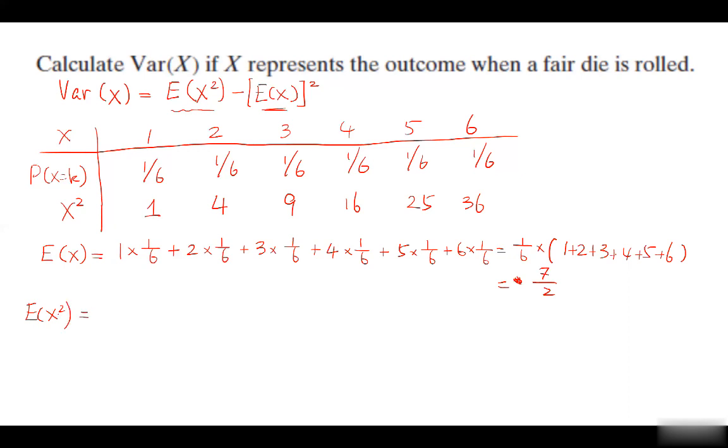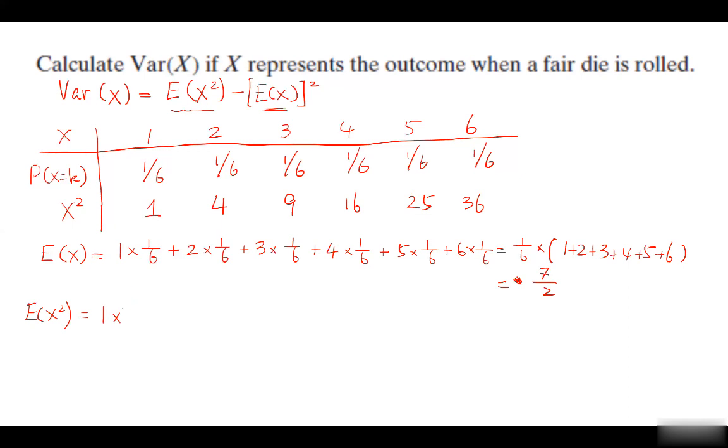Okay, next we also need the expected value of x squared. According to the definition, this is the sum of value times its corresponding probability, right? The possible values are 1, 4, 9, 16, 25, and 36, and the corresponding probabilities are all 1/6, right?